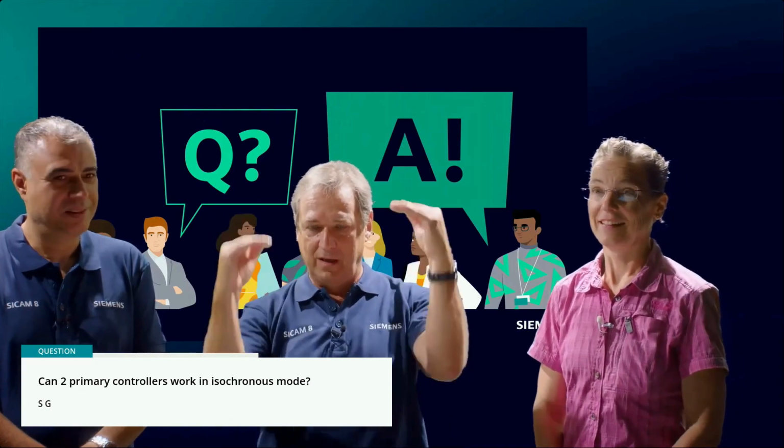If two systems want to control something, then the risk is too high that you get a swing. And this should be avoided. Therefore, the standard in classic primary controlling is only to have one of them as isochronous mode controller and the others as droop mode.